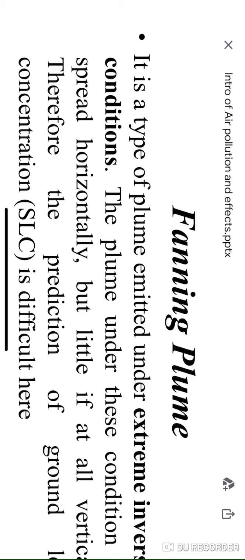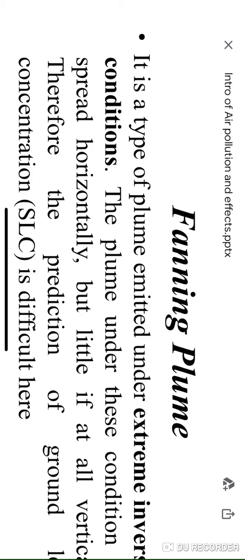We'll come to the inversion now. Inversion is nothing but the formation of a stagnant environment. There will not be vertical movements of the wind. Why does this happen? Vertical movements are stopped because different types of inversions occur. I will explain the two main types of inversions.